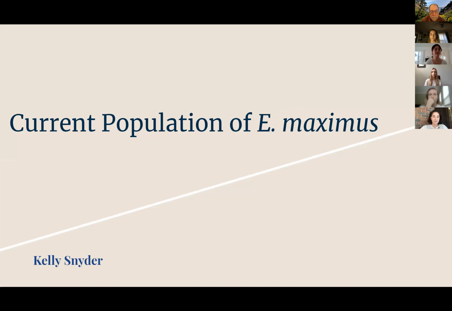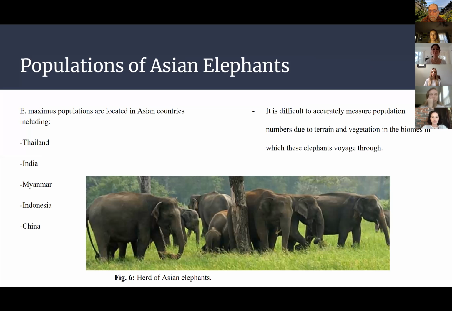Okay, so I'm going to talk about the current population of Asian elephants. Next slide, please. Okay, populations of Asian elephants are found in grasslands, forests, and shrublands, primarily in Thailand, India, Myanmar, Indonesia, and China. And Thailand is estimated to have fewer than 10,000 elephants, and China is estimated to have less than 250 elephants.